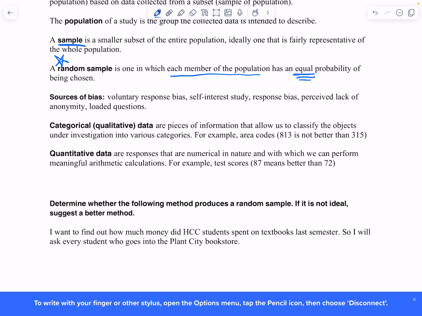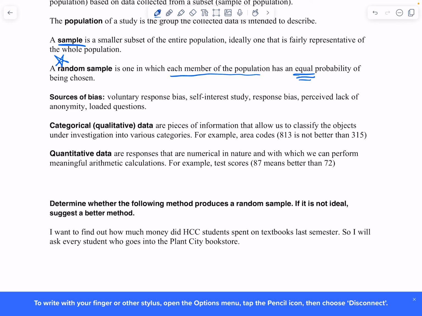All right. Two types of data. Quantitative, which is categorical, are pieces of information that allow us to classify the objects under investigation into various categories. For instance, if I wanted to separate people in terms of their zip code, I could do that. That would be categorical or quantitative data.